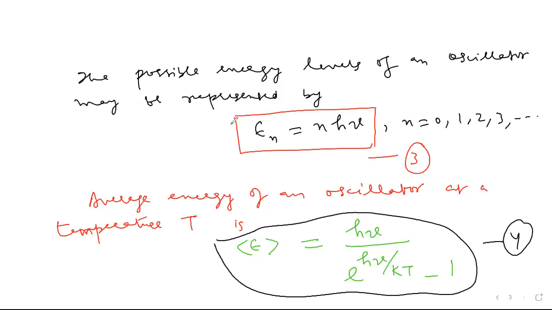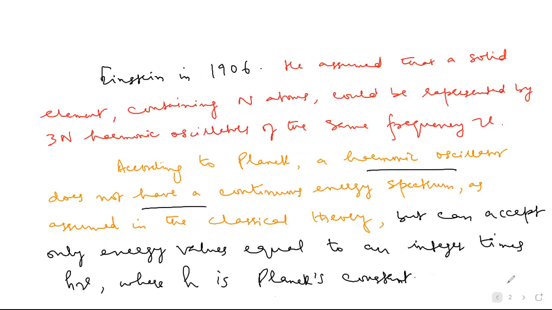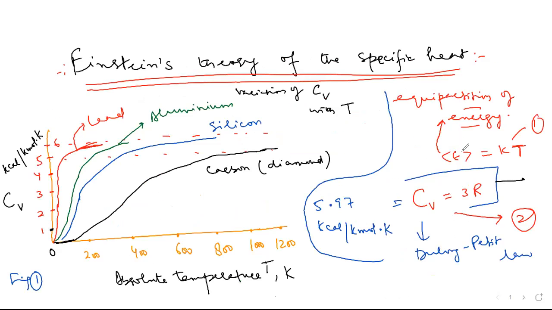So according to this quantization rule, the average energy of an oscillator at a temperature T turns out to be h nu over e raised to the power h nu over kT minus 1. If you compare it with the average energy of the oscillator from classical mechanics, which is kT, there is a difference.